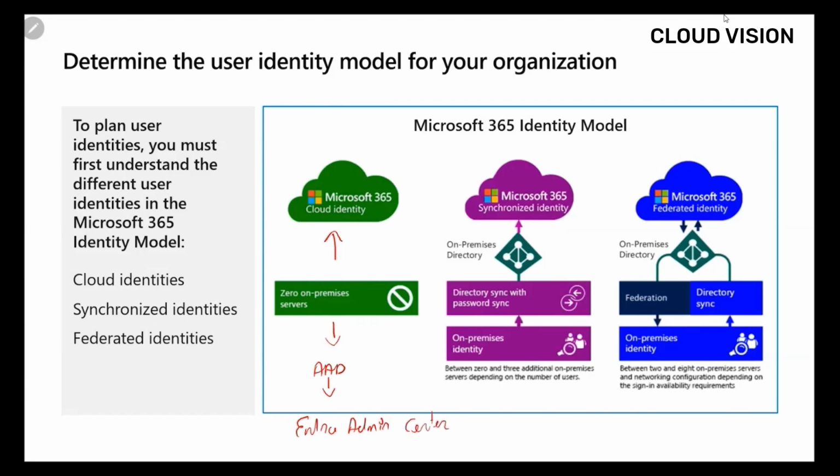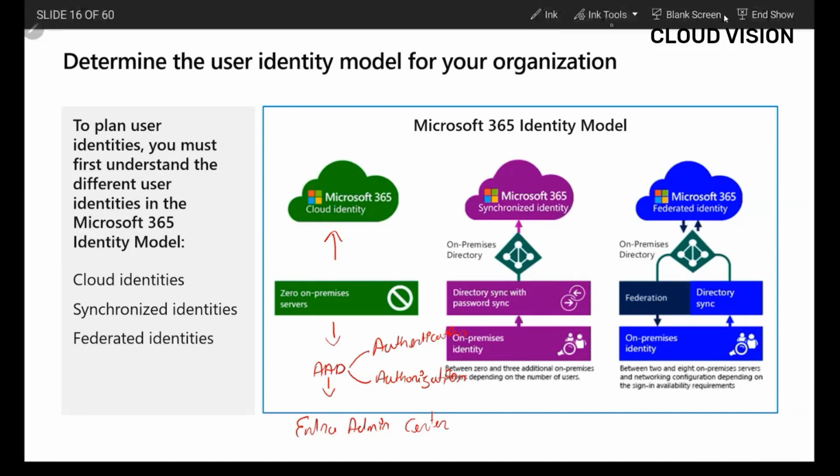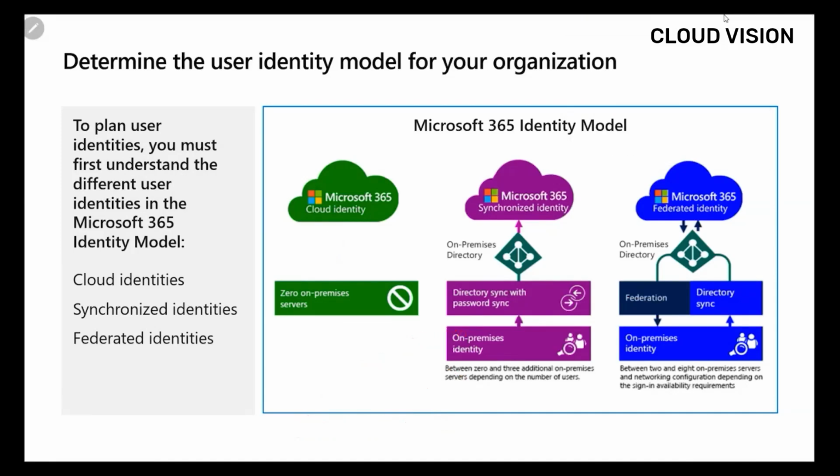And as I said, the authentication and authorization will be taken care of by your Azure Active Directory. So if I have to summarize that, the source authority of managing this identity would be Azure Active Directory, and it will have zero on-premise dependency.